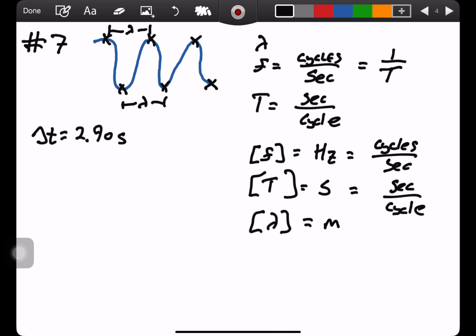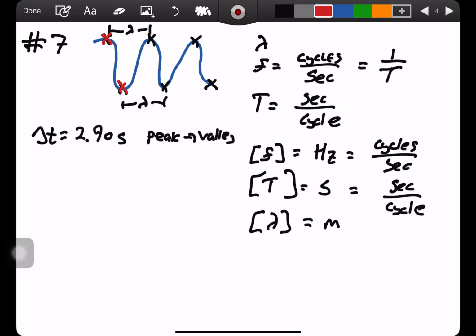So 2.90 seconds from peak to valley. That would be like going from right here to right here.